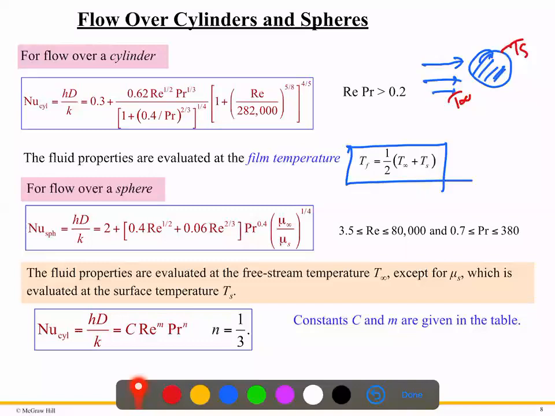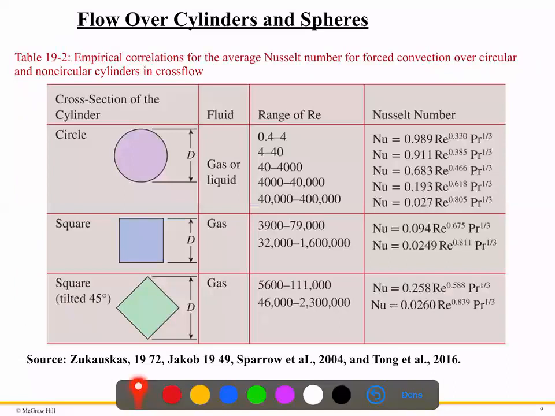So we'll use these two formulas for any type of problem related to the cylinder and sphere. But for the average Nusselt number, we can use these expressions for more accuracy. Here, these are the simple expressions, but we have a couple of constants, C, m and n. How can we get them? We can get them from this.